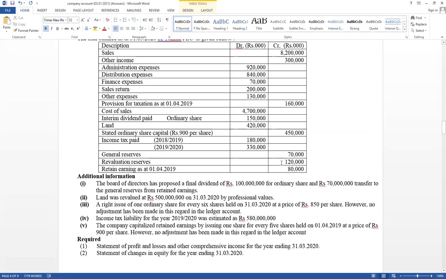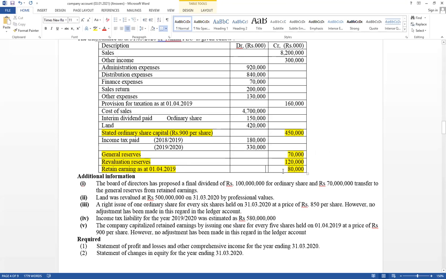Revaluation reserves it has given 120,000. And retained earning balance is given 80,000. Therefore, these are the values that should be included as a balance brought forward.